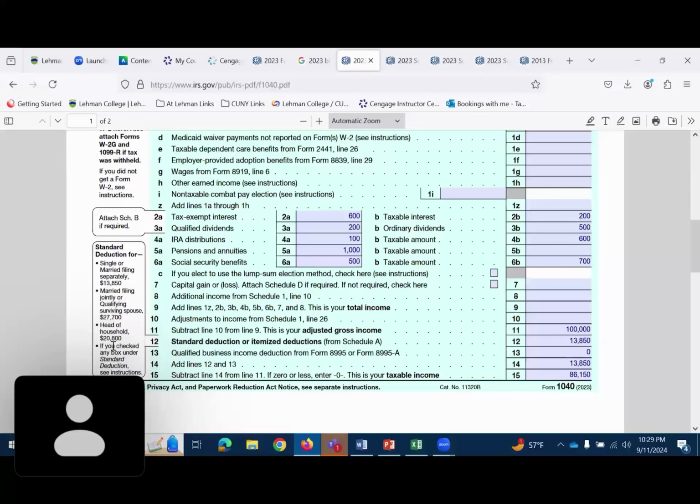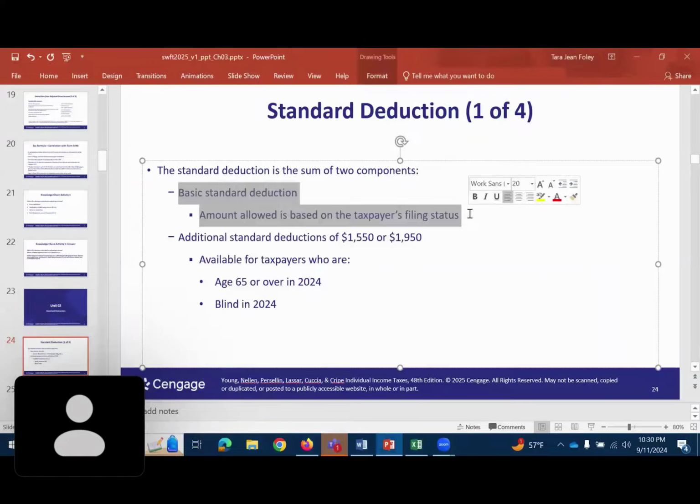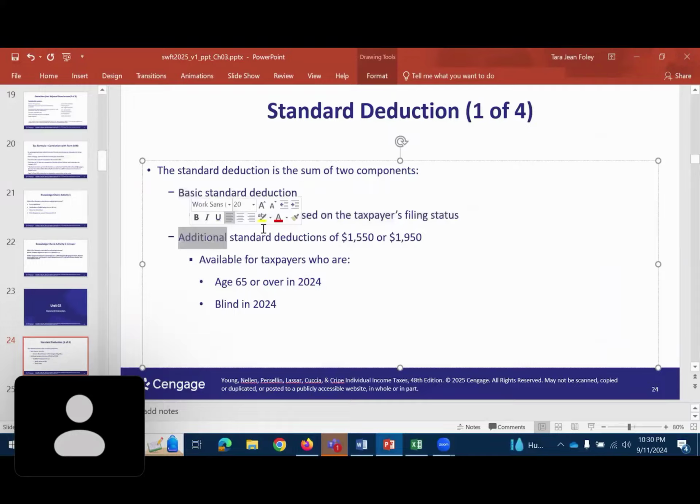So that's the question. Is Aaliyah a head of household? Because then she'll get a larger deduction than the single, right? $13,850 versus $20,800. And there's a couple of other standard deductions as well. So that's the basic standard deduction that is there for every single person. There's also an additional standard deduction, okay?